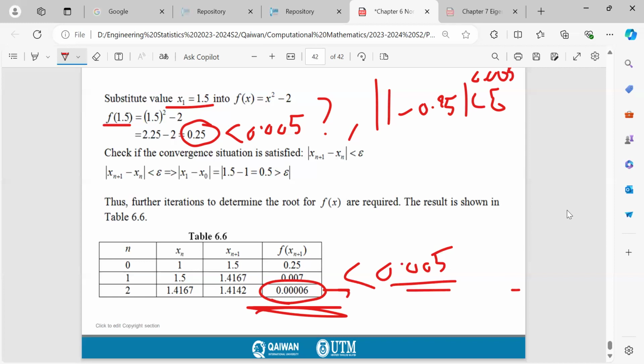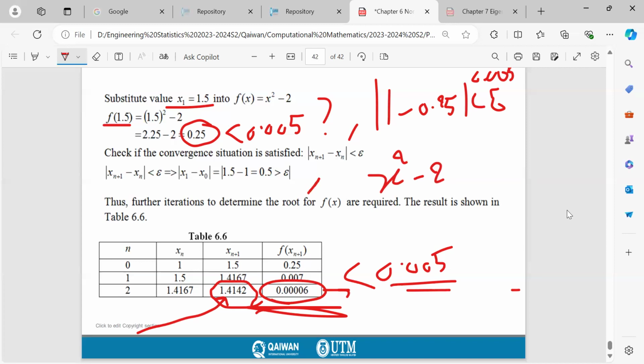So we stop. This x value is the approximate solution for the function. The function is x squared minus 2.